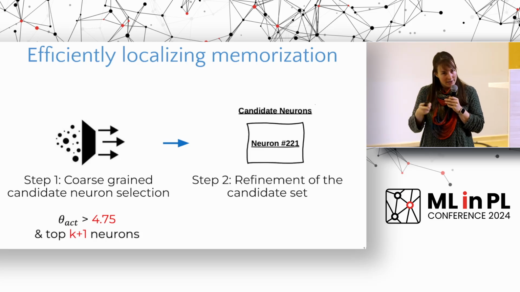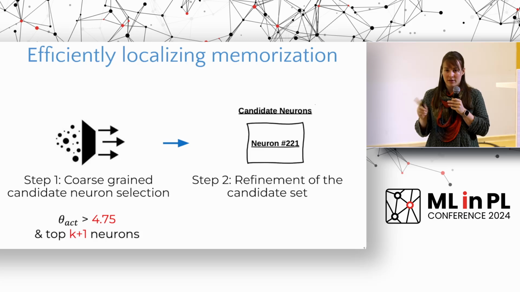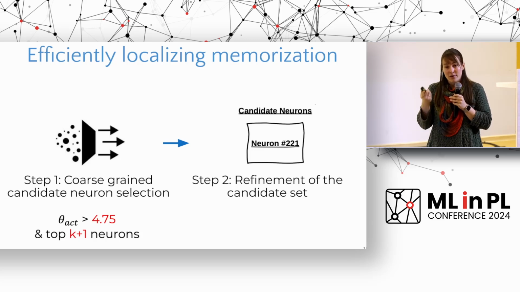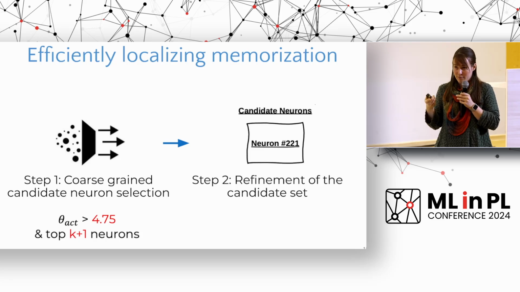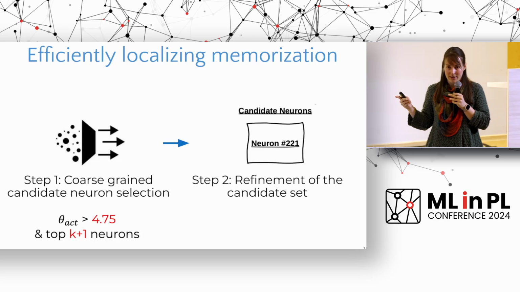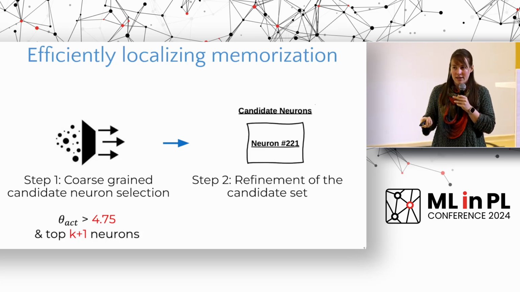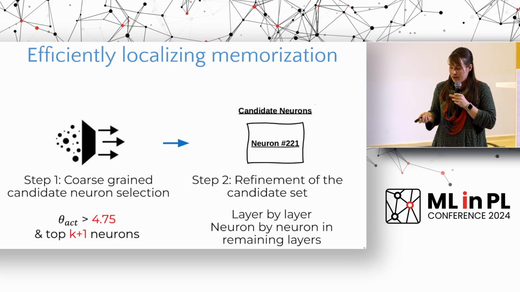And we see how it affects memorization. Does memorization go up again, or does it stay low? If it goes up again, then of course these neurons must be in the set of memorizing neurons. So then we go neuron by neuron inside that layer, and we do that for all the layers until we have a set of neurons that are responsible for the memorization.